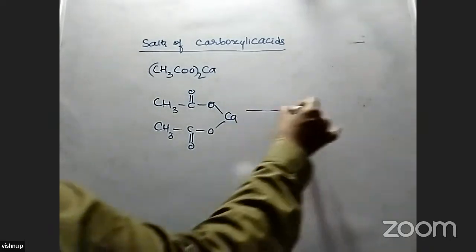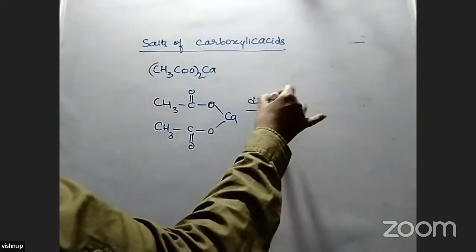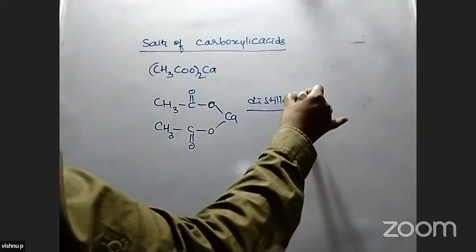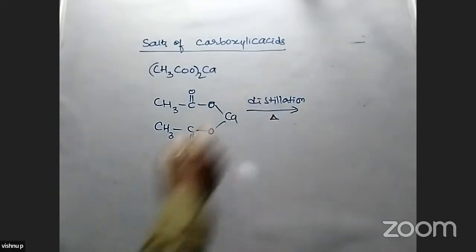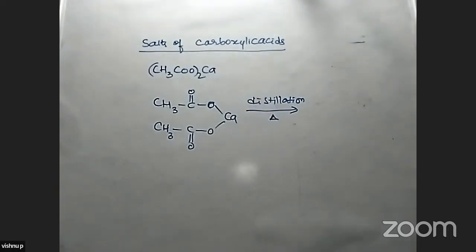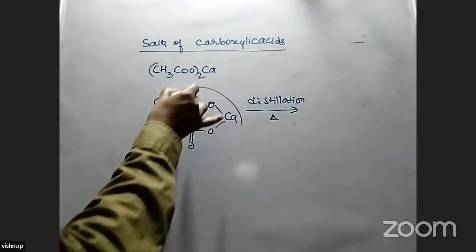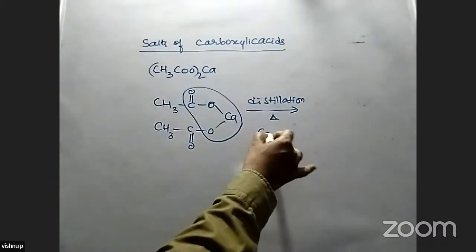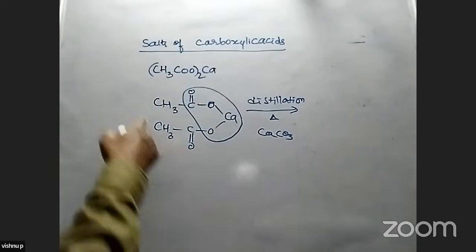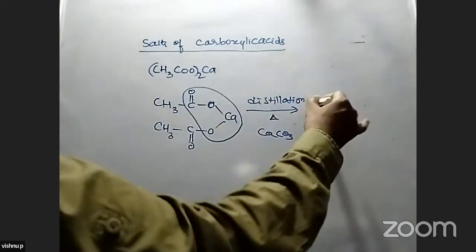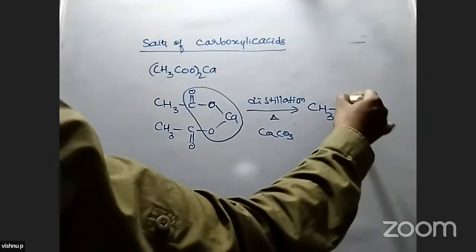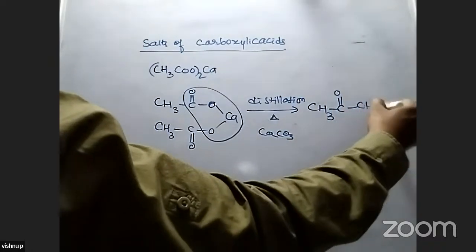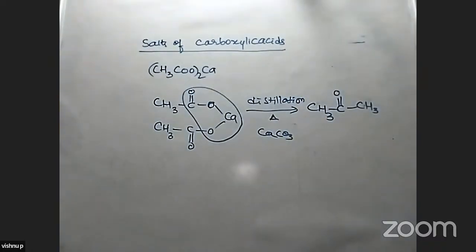When it is distilled, in the distillation process, we maintain some high temperature conditions, so CaCO3, one stable compound, is separated out, and the remaining part is CH3COCH3. So in this reaction, a ketone is formed.